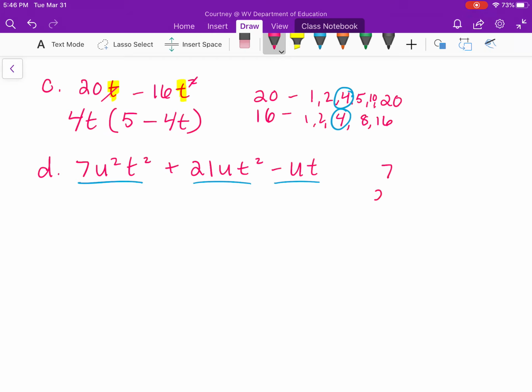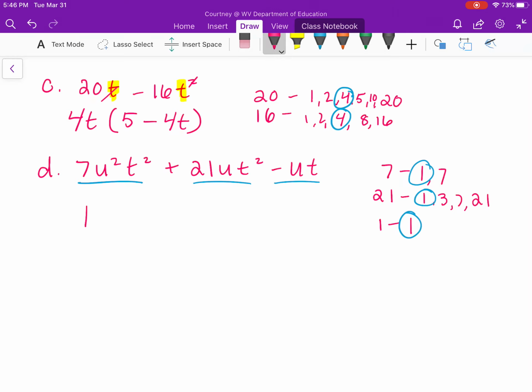So we have a 7, we have a 21, and we just have a 1. 7 is 1 and 7. 21 is 1 and 21, 3 and 7. And 1 just multiplies by itself. So the biggest one they have here is 1. And technically 1 doesn't really count. So we're not going to have any numbers on the outside this time. You can put a 1 if you want, but a 1 doesn't really mean anything.